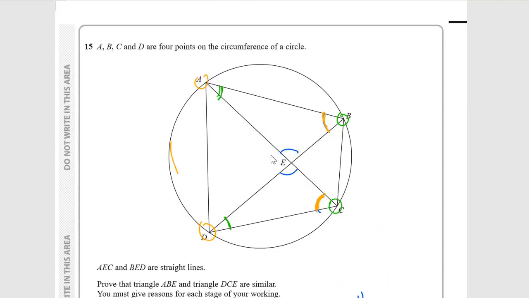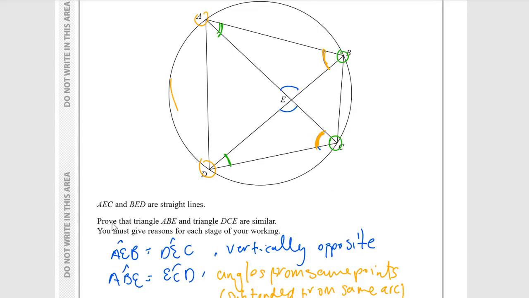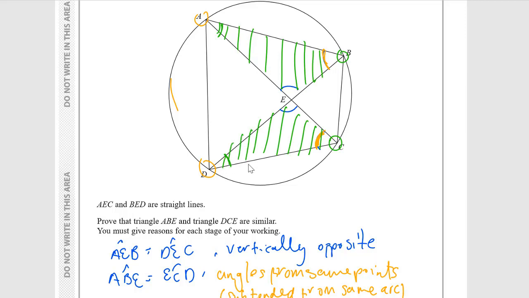So again, because these points here, A, E, and C are a straight line, and we have to prove that A, B, E, and D, C, E, so that's this one here is the same as this one here, or similar I should say, because these angles are the same.